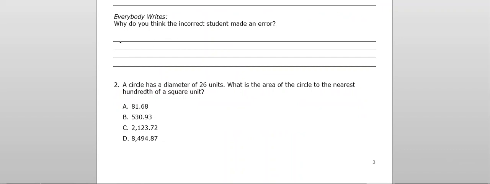So why do you think the incorrect student made an error? This is a great time. If you didn't get your notes, we might have a notebook quiz. This student found circumference and not area.